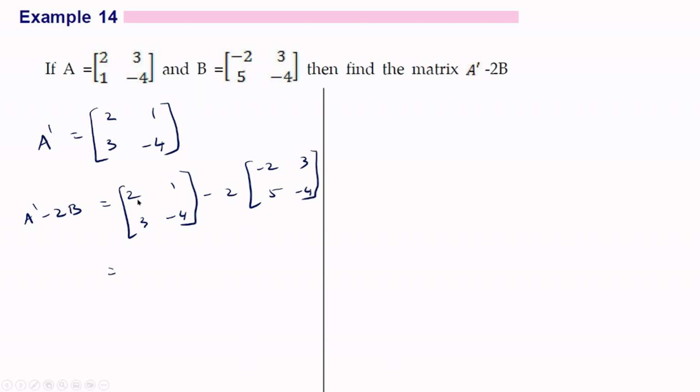So 2 minus of minus 4 is plus 4, so 2 plus 4 is 6. Then 1 minus 6 is minus 5. Then 3 minus 10 is minus 7. Then minus 4 plus 8 is 4. So this is the matrix A transpose minus 2B.